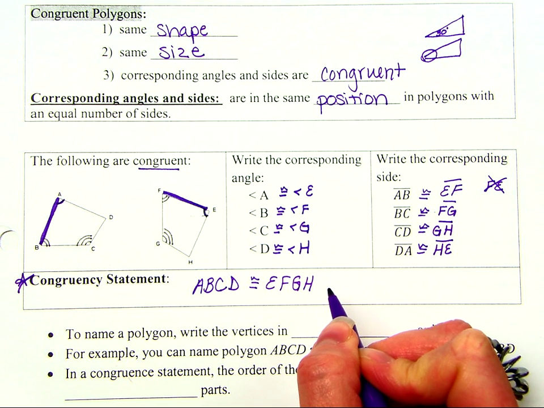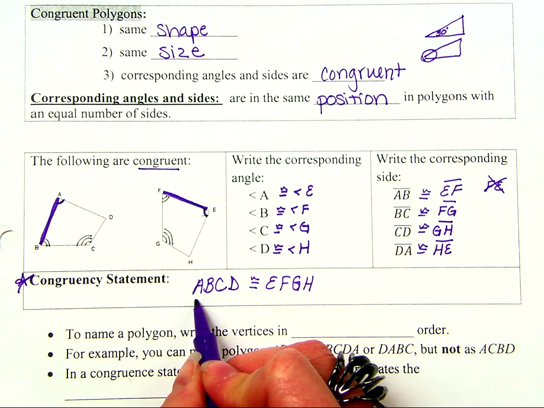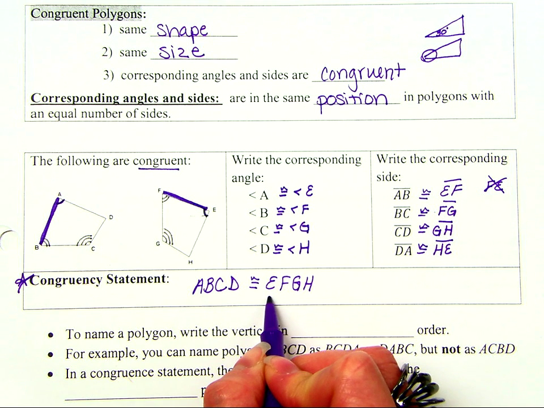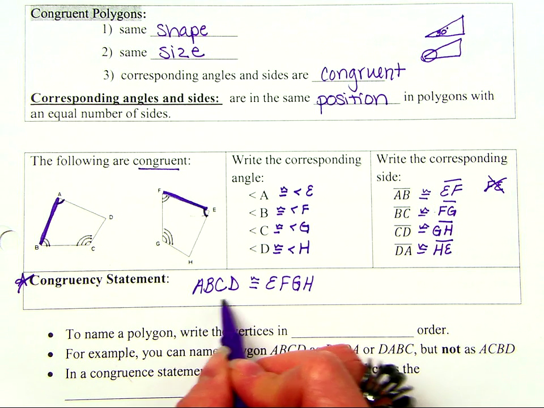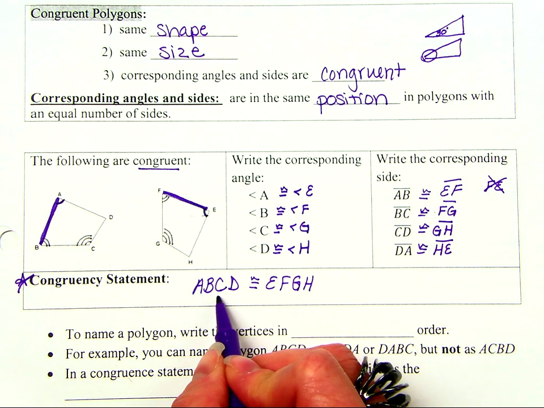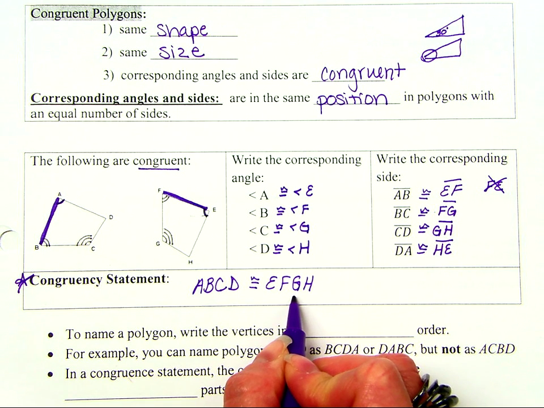The order of the letters is important. Because I started with letter A here, I must start with letter E over here because they correspond. If I had chosen to start with letter C for my congruency statement, that is fine, but then I would have to start my second statement with letter G.